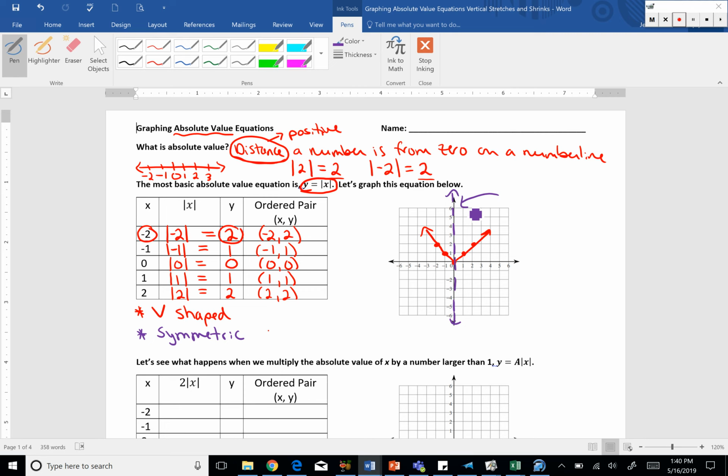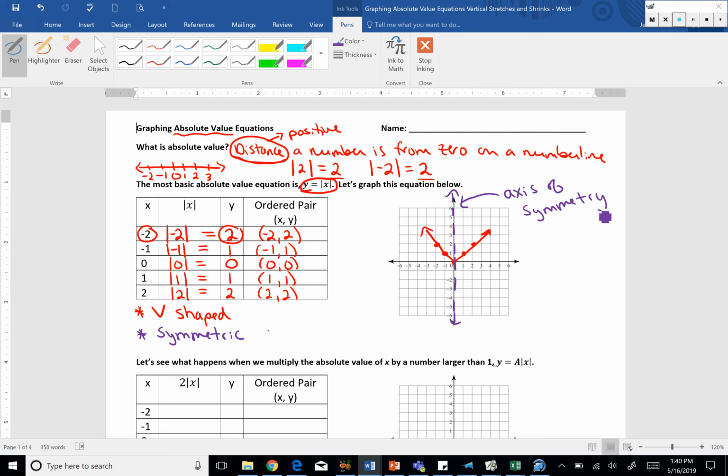So that imaginary line, if you fold your graph in half on, that is called the axis of symmetry. It's something I'll keep talking about, just so you're familiar with.